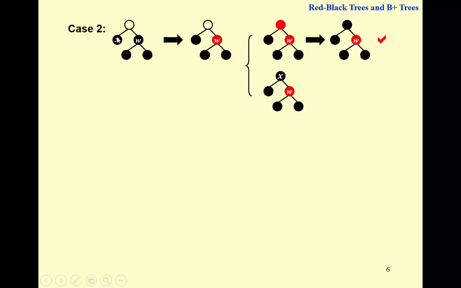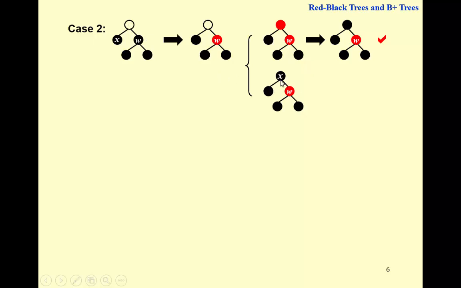And before we have only 1 black node here because this one is red, and after we have 2 black nodes along this path. So we have 1 extra black node along this path. Now it would be safe to simply cut this one, and the black height along this path would remain the same. So the problem is solved if its parent is red.